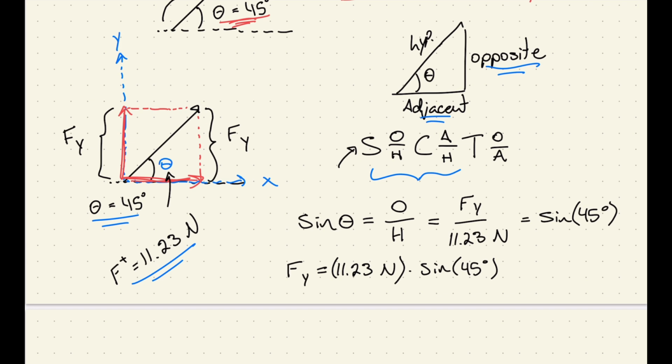That is sick. Why is that sick? Because if you plug in sine of 45 degrees in your calculator, make sure that it is in degrees and not radians. Let's see, do I have degrees? Sine of 45 is equal to, I don't think I have the correct setup here.